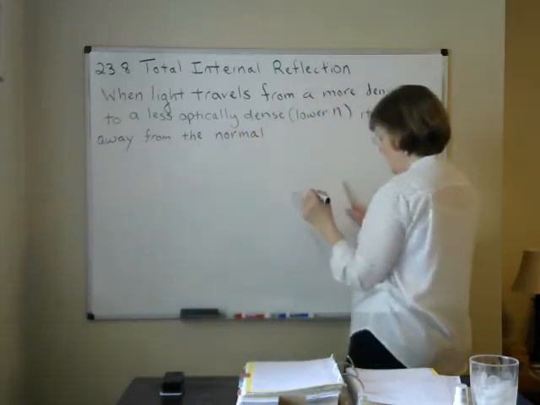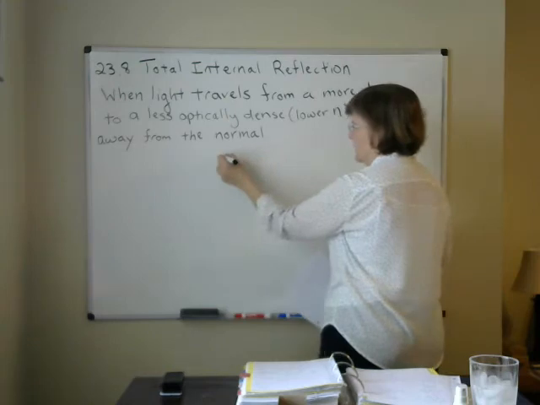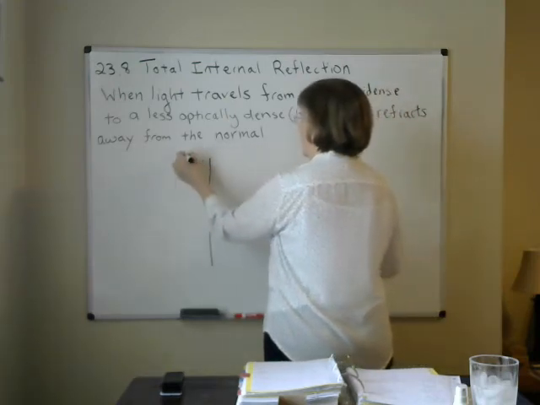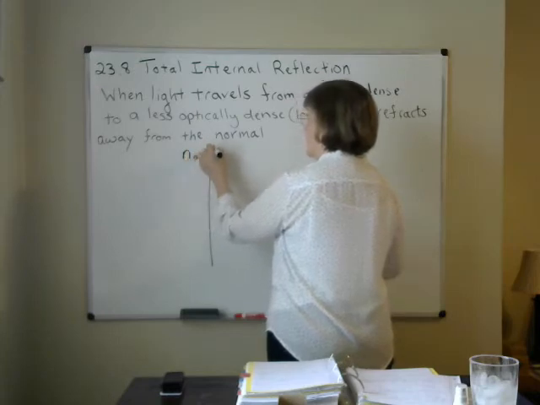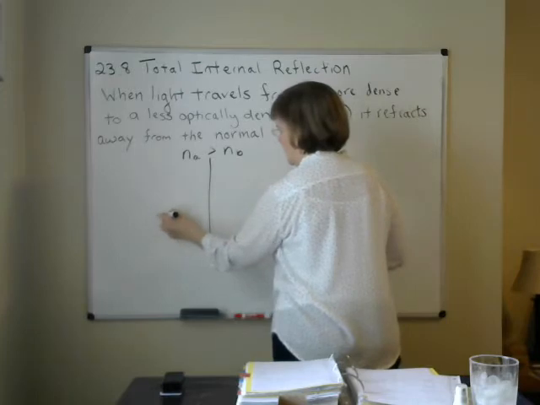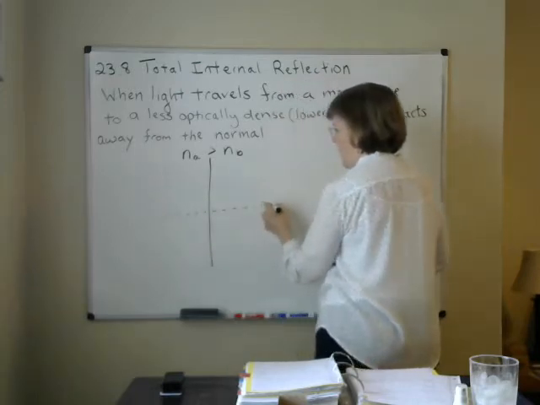Let's look at what that might look like. So here is our two materials. We know that this index of refraction is greater than this index of refraction. Here's my normal.